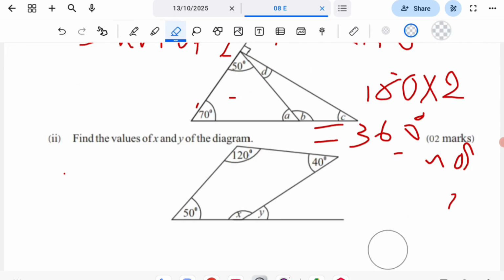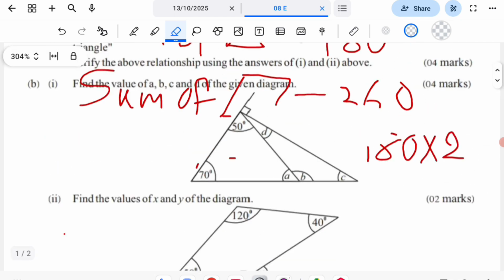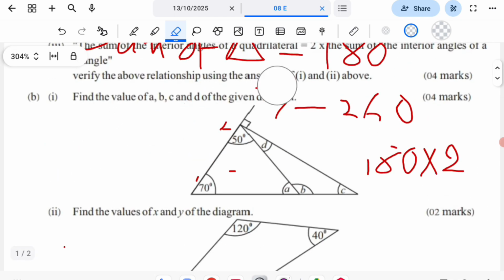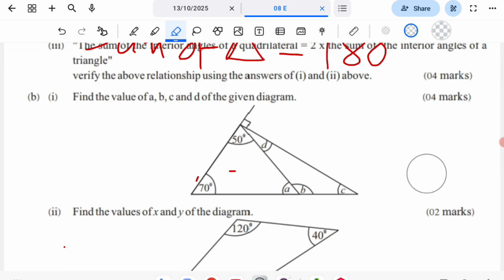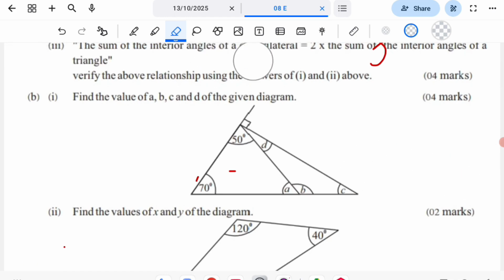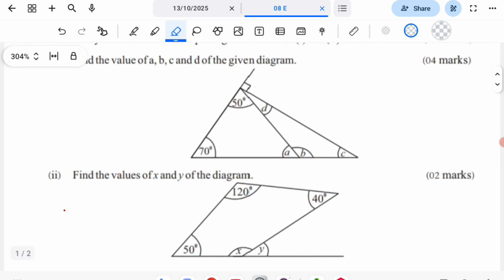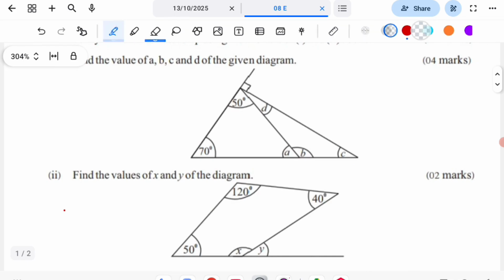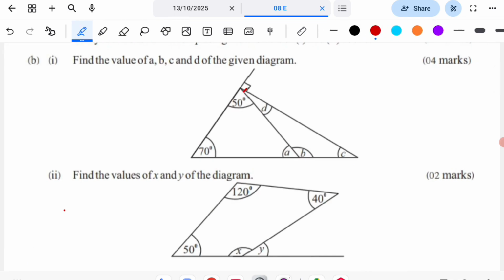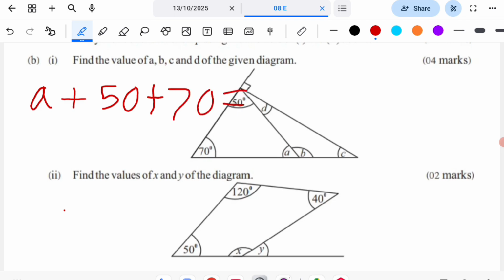Then part B, Roman number 1. Find the value of a, b, c, d of the following diagram. We can get angle a by considering the sum of interior angles of this triangle. Then a plus 50 plus 70 equals 180 degrees.